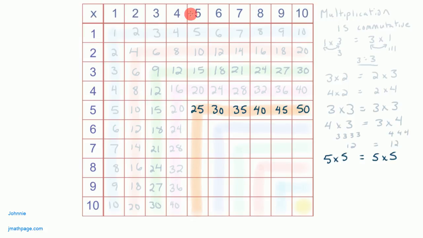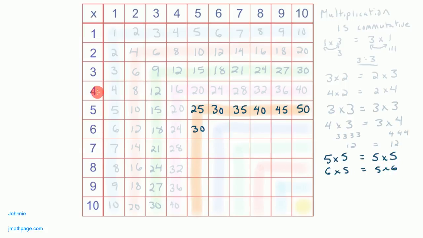6 times 5 is going to be the same as 5 times 6, 30. Because we said 6 times 5 has to be the same as 5 times 6. That's our rule today.